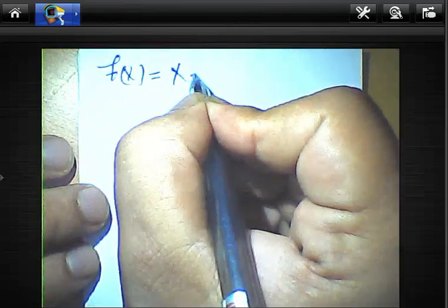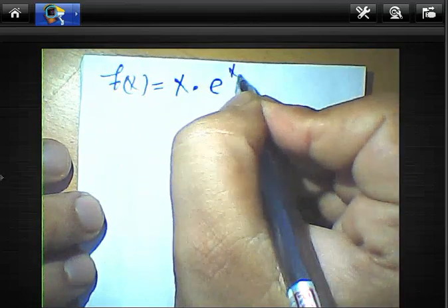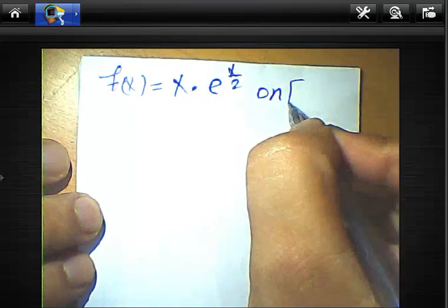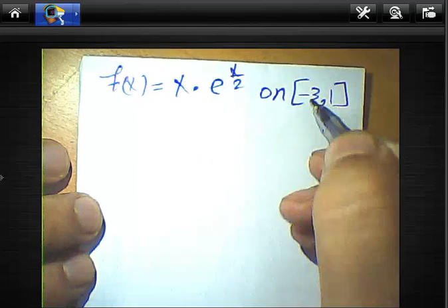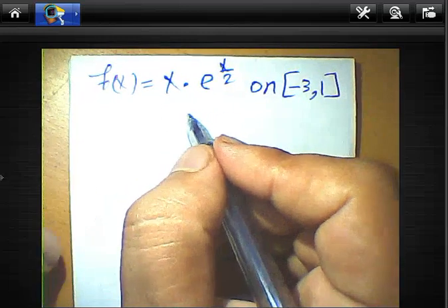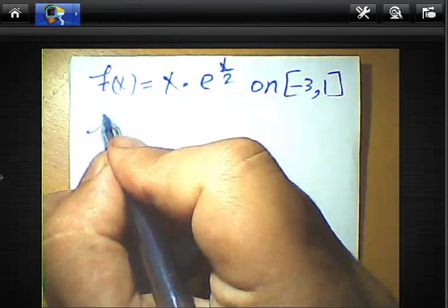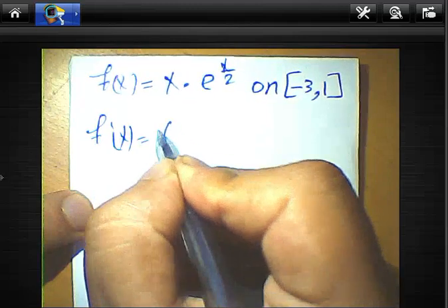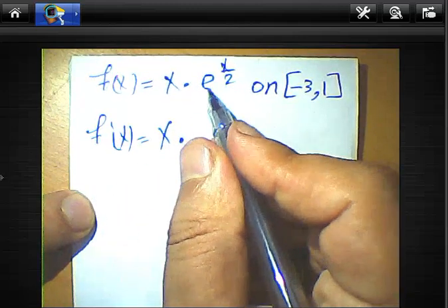Another example, look here: f of x equals x multiplied by e to the power x over 2 on the interval [-3, 1]. We must keep this rule in mind. We have to find the derivative of the function. First, keep the first, multiply by the derivative of the second.